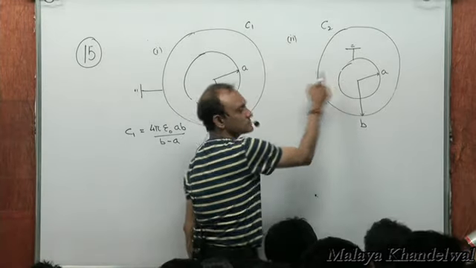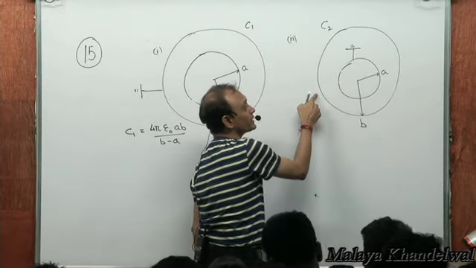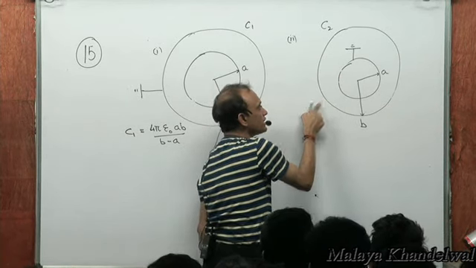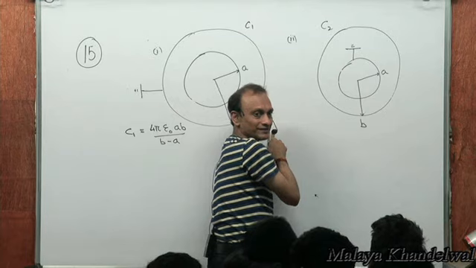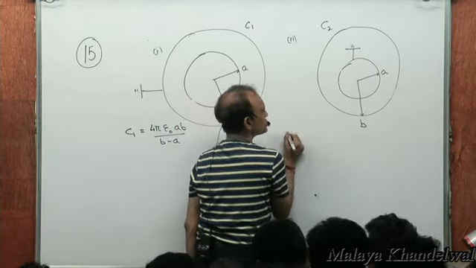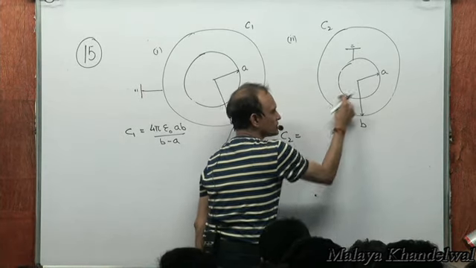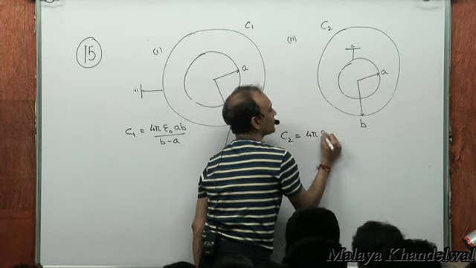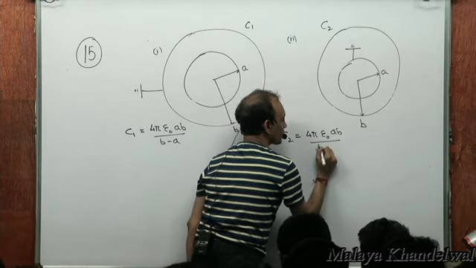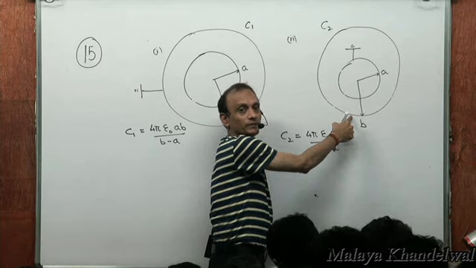And when this is earthed, then there is electric field here as well as outside. And this capacitor and this capacitor would be in parallel. Yes or no? Recall one day I had a discussion on this. So C2 is going to be, for this region, the capacitance is 4 pi epsilon naught AB by B minus A, right, plus 4 pi epsilon naught B. Right?